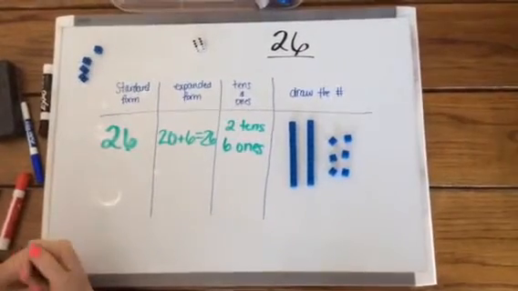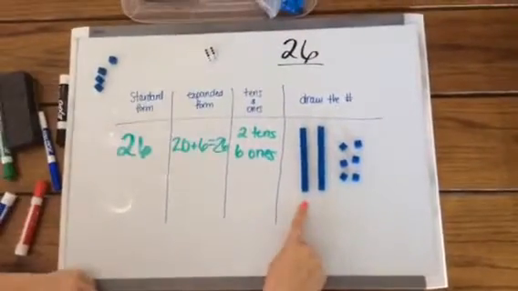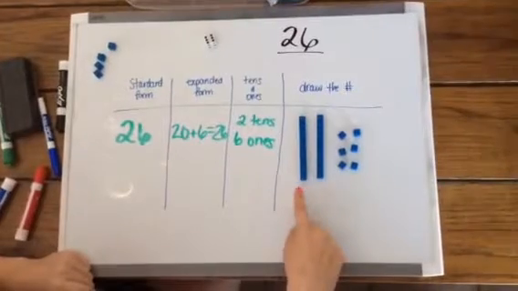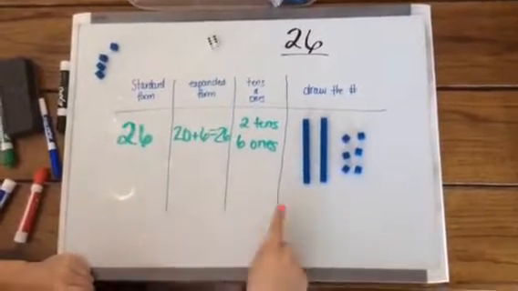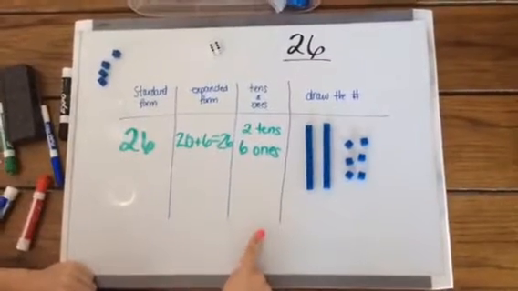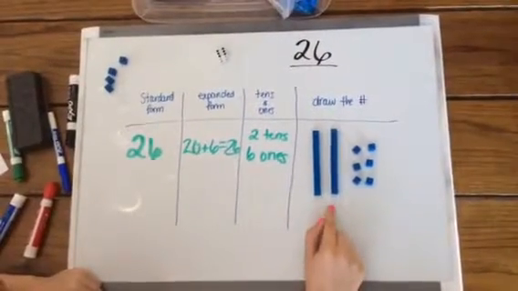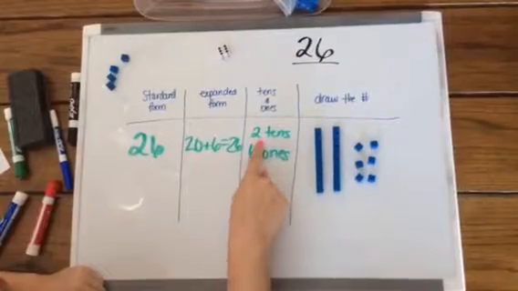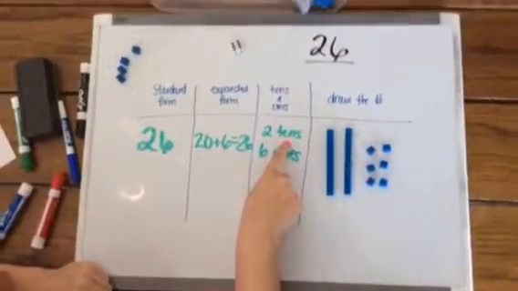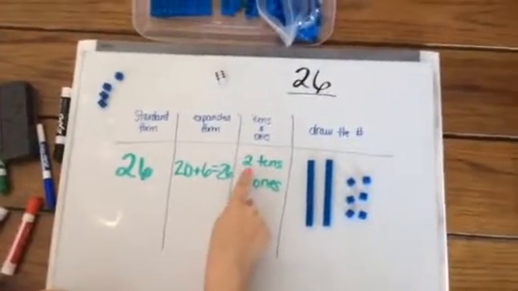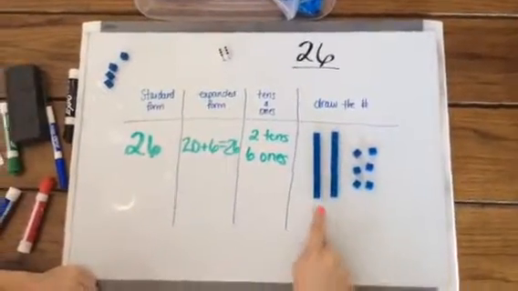Now we go back to look at what we drew with what we built with our base 10 blocks. It would match our chart. The rods would equal the tens. It says that we have 2 tens, which are rods. So we have 2. And so we put 2.